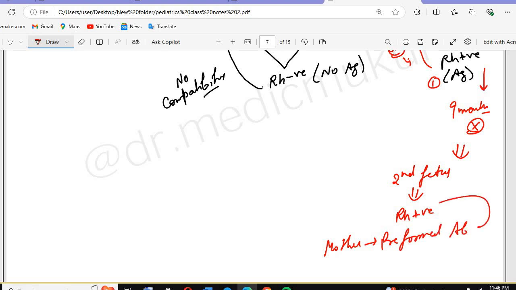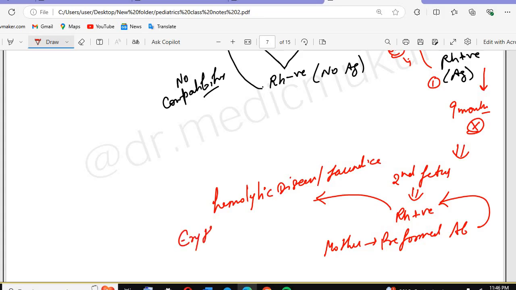So they will attack this RH positive child, and lead to hemolytic disease or jaundice in this patient. Hemolytic disease or jaundice. And we call this condition erythroblastosis fetalis.